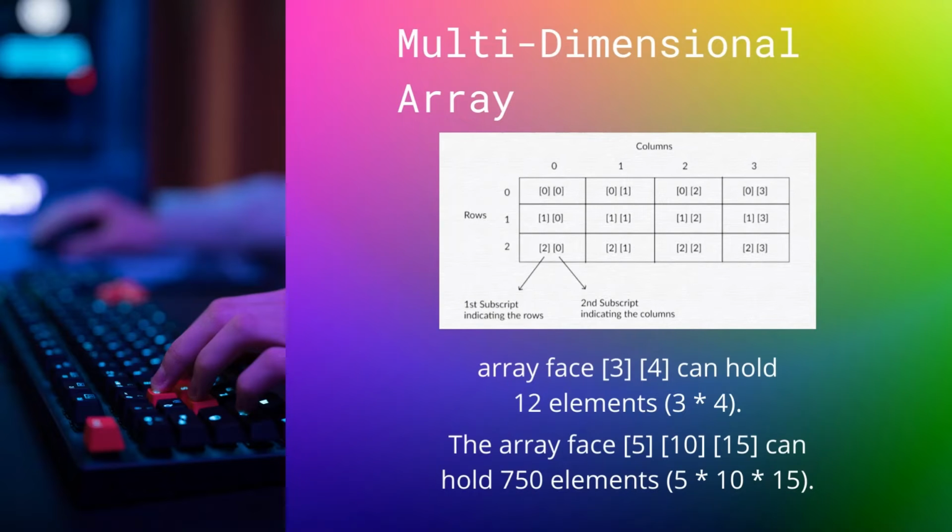In the two-dimensional array a[3][4], the first index specifies the number of rows and the second index specifies the number of columns, and the array can hold 12 elements, 3 by 4. Similarly, in a three-dimensional array, there will be 3 dimensions. The array a[5][10][15] can hold 750 elements, 5 by 10 by 15.